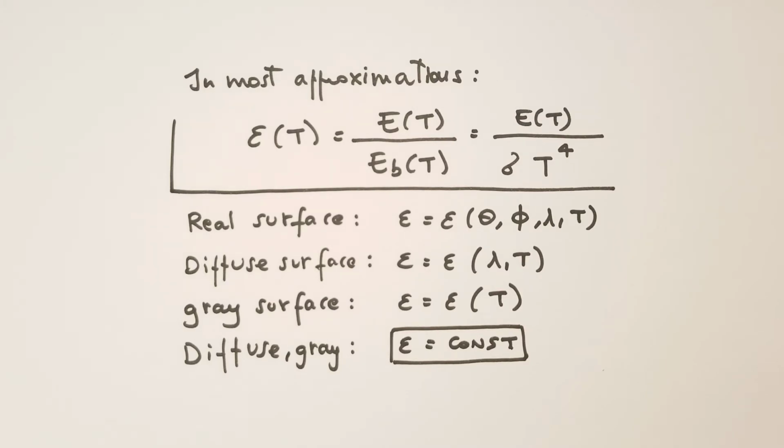We define instead a gray surface. It's a surface that has emissivity that only depends on the temperature. A further simplification is when we have a diffuse gray surface, so emissivity can be considered a constant.